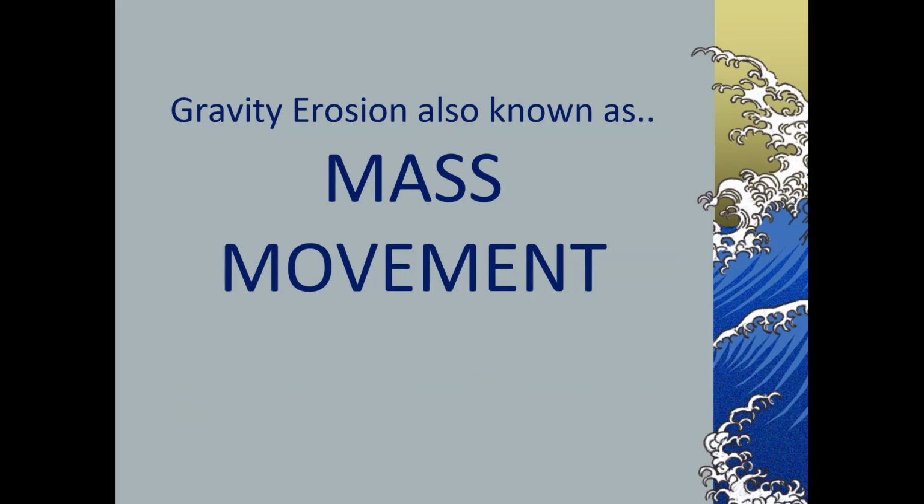So right away in the box on page 8, underneath the word gravity, I want you to put mass movement. So gravity and mass movement, they're interchangeable. Both phrases, gravity erosion and mass movement, mean the same thing.